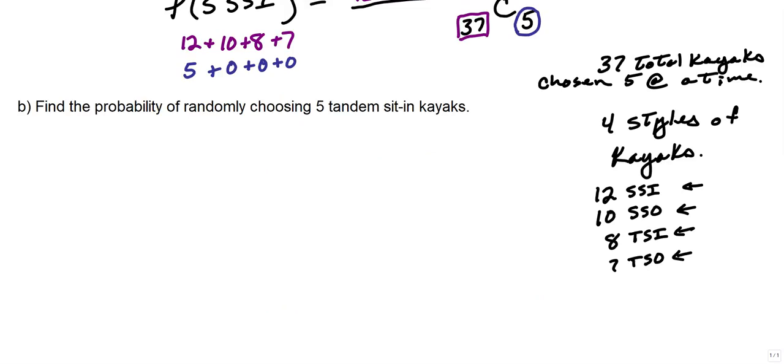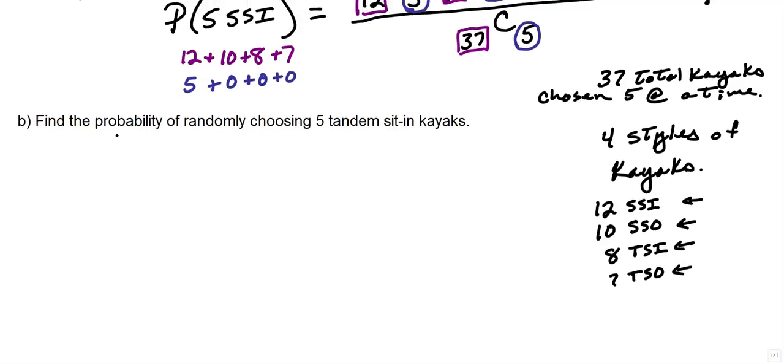Part B says find the probability of randomly choosing 5 tandem sit-in kayaks. Well, that means that I'm going to choose 5 of the tandem sit-in kayaks. I will choose 0 solo sit-in kayaks, 0 tandem sit-on kayaks, and, I'm sorry, 0 solo sit-on kayaks.